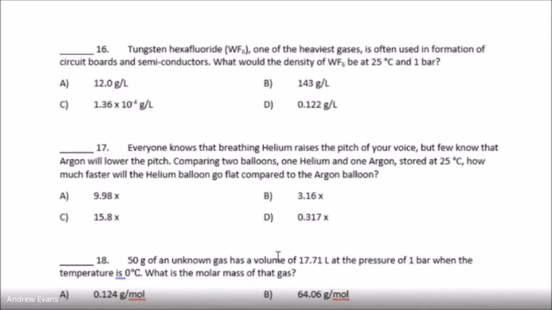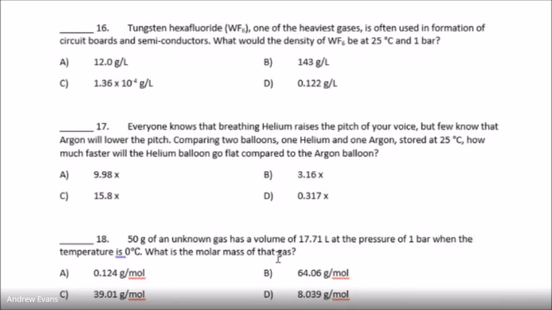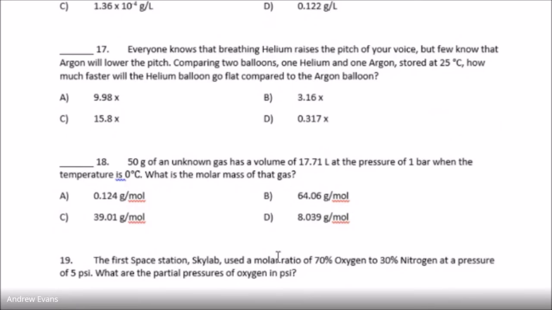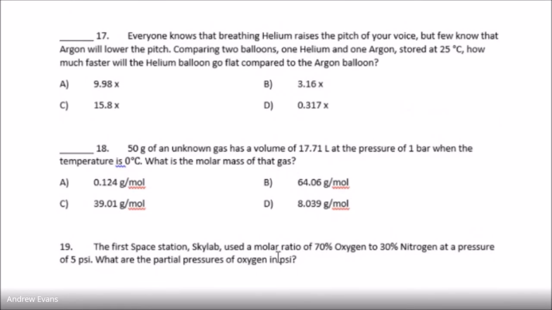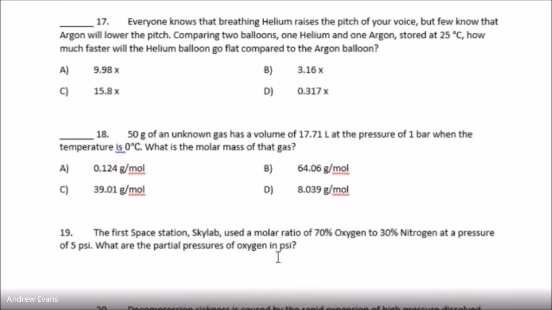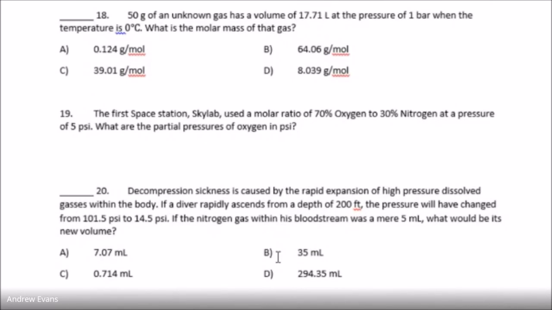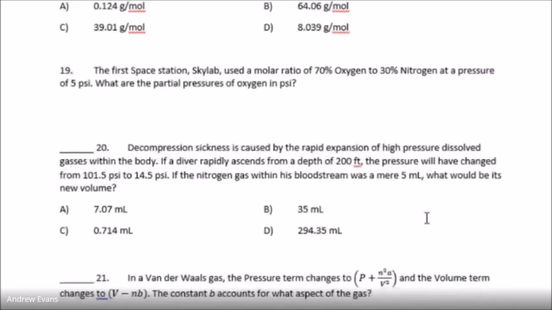Let's see. PV equals PV. Well, no, there's a fusion problem. This is the density gives you molar mass problem. Really easy Dalton's law problem. PV equals PV problem.